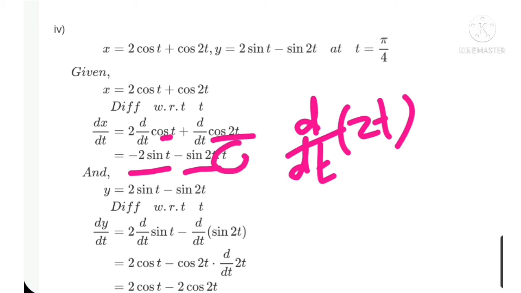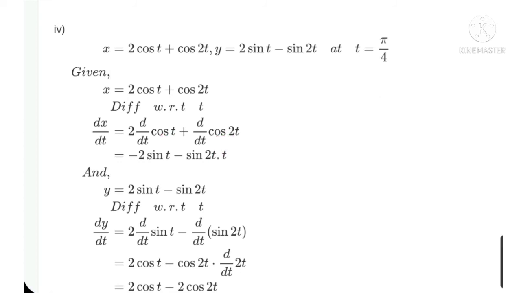Okay, next write y is equal to 2 sin t minus sin 2t. Differentiate with respect to t, you get dy by dt is equal to 2 is the constant term into derivative of sin t minus derivative of sin 2t here.